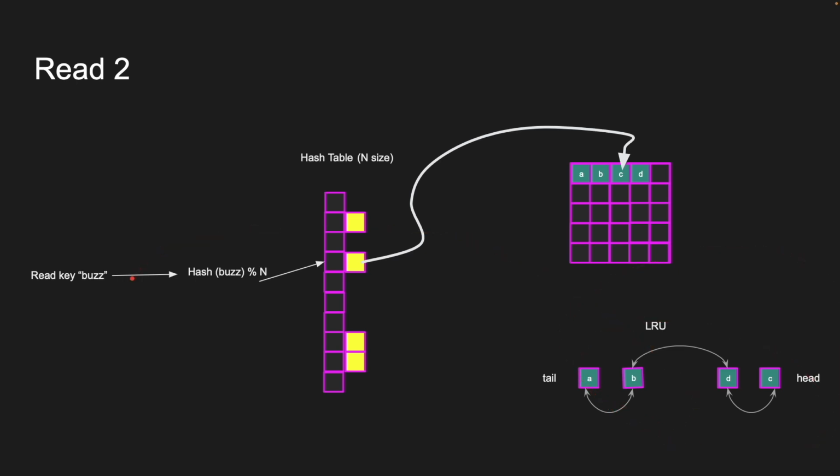So if buzz and whatever the key before, test, were read at the same time, they are serialized at the LRU level if they belong to the same slab class. Again, this might have changed with the new architecture. They changed that a little bit, so you can play with that. But to update the LRU, you have to acquire a lock, so you're going to be serialized right here.